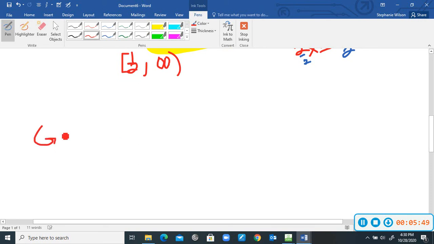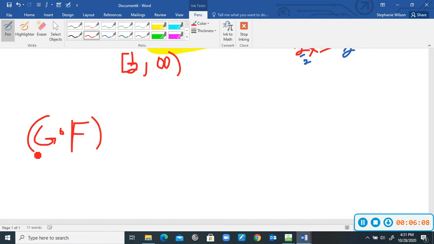So I'm going to have to take g of f of x. And let's say I know the value of x. Let's say that I know the value, and let's give it a 4.